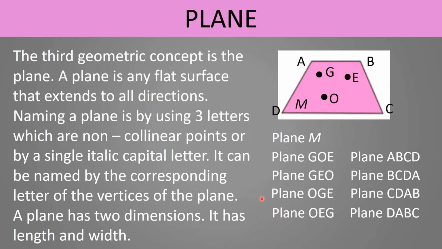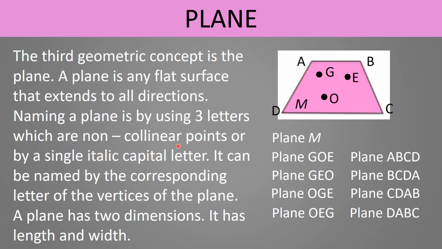Now let us have plane. The third geometric concept is the plane. A plane is any flat surface that extends in all directions, meaning to the left, to the right, up, and down. Naming a plane is done by using three letters which are non-collinear points.